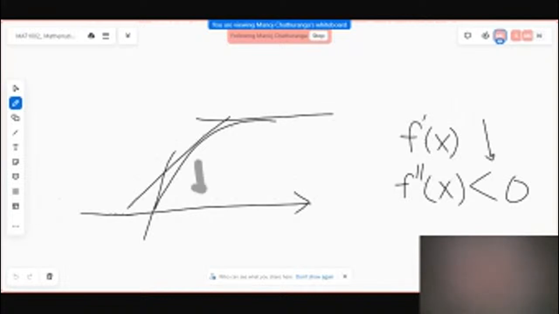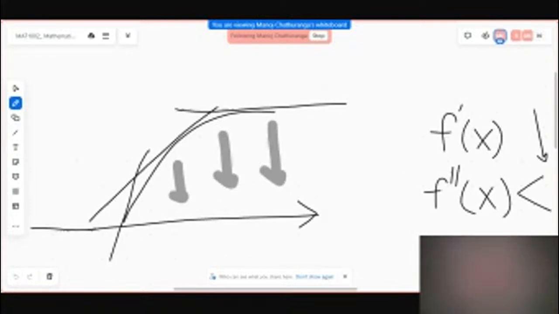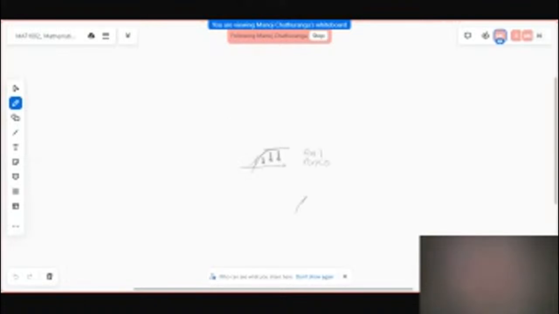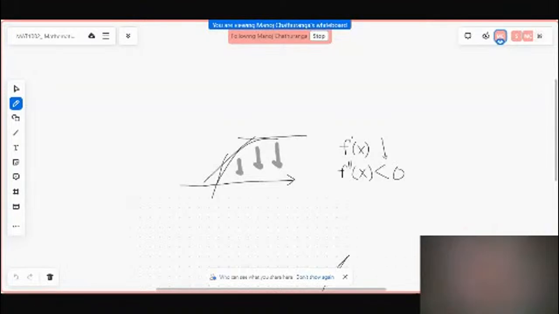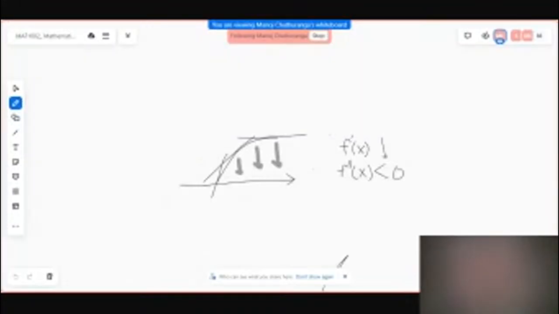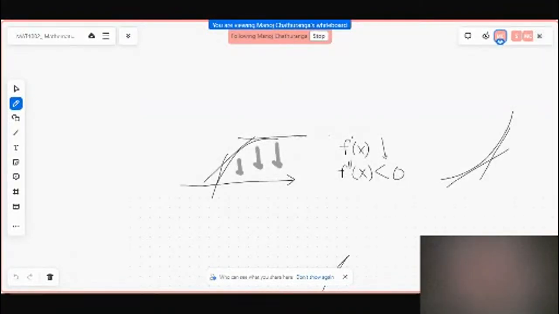So concave down means the derivative is decreasing, so the second derivative is negative. The other case is, if it is concave up, as we move forward, the derivative gets bigger and bigger.